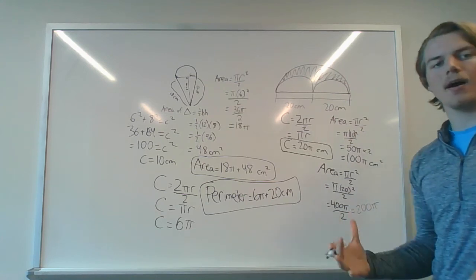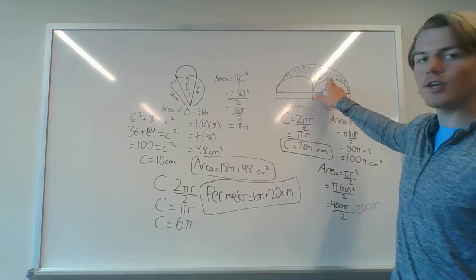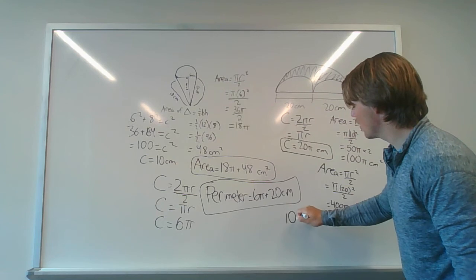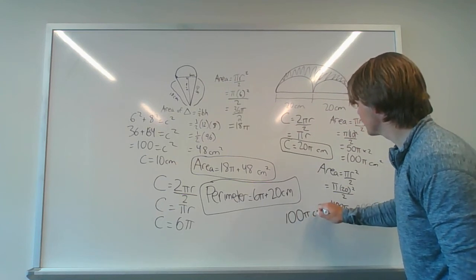Now, 200 pi minus the 100 pi that was in here gives us 100 pi centimeters squared.